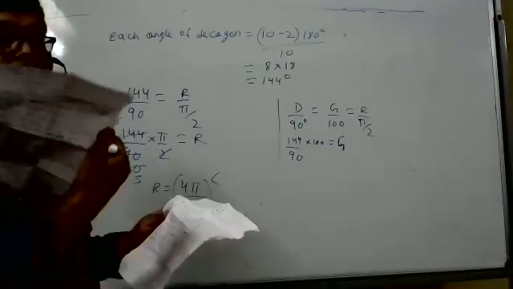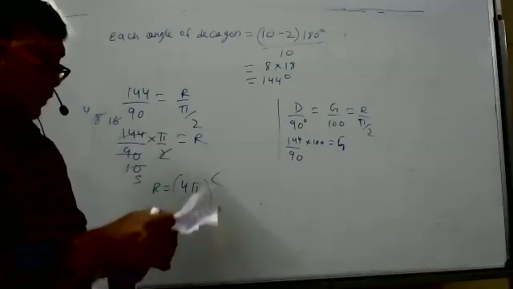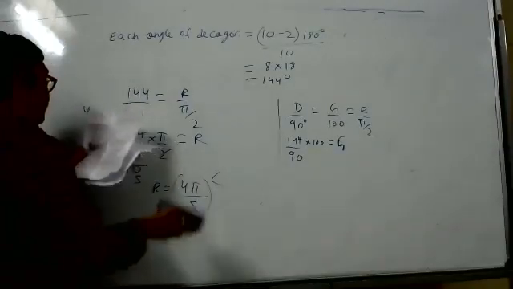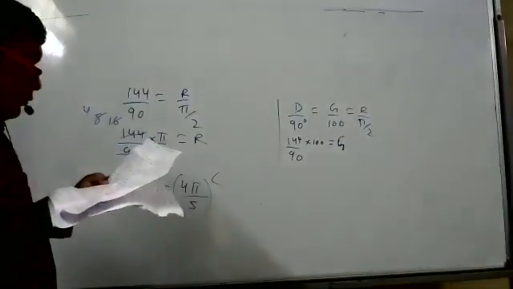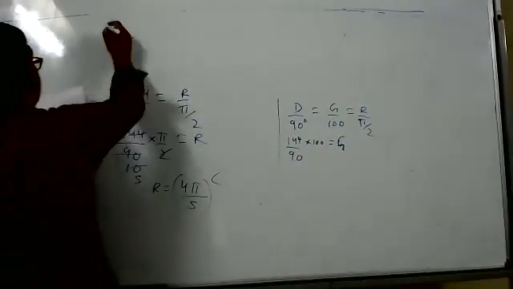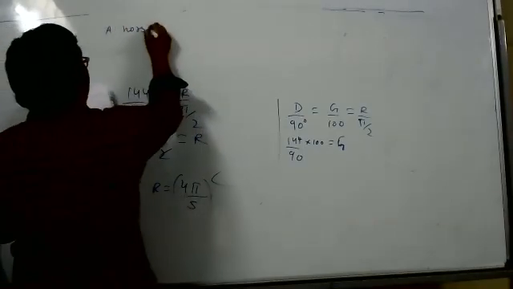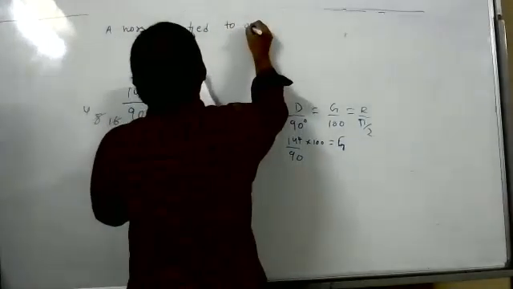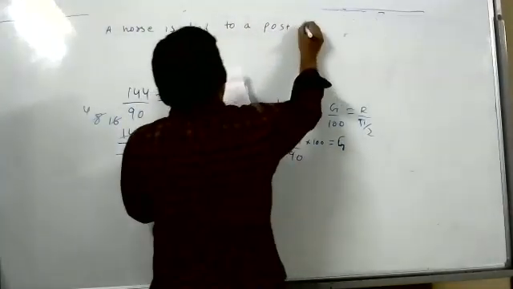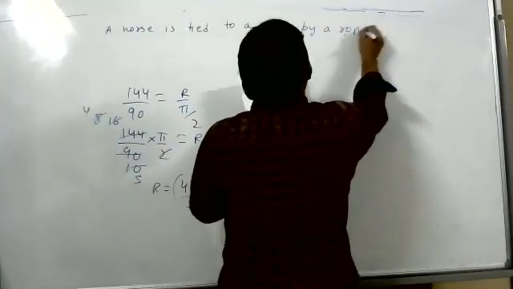Okay. One sum is there. You write down this one. A horse is tied to a post by a rope.